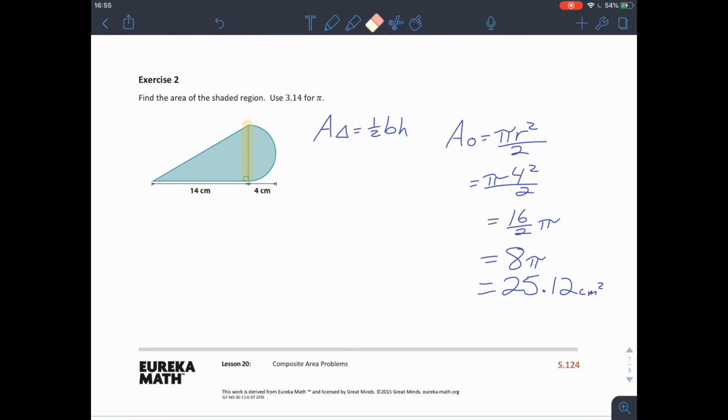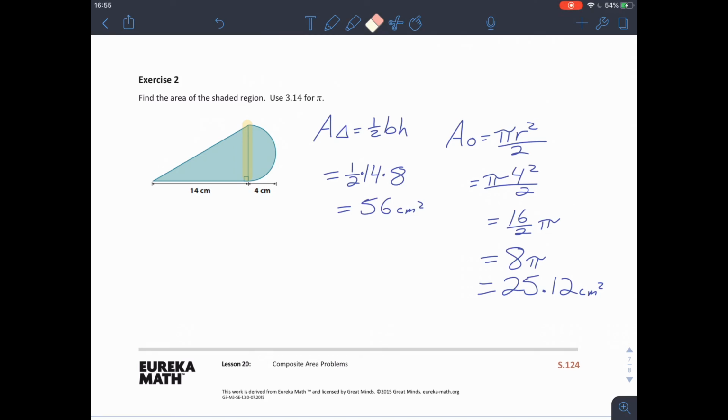Since we know that a diameter is twice the radius, that means that our height would have to be 8, twice the value of our radius of 4. So we have 1/2 times 14 times 8 to find the area of our triangle. When we calculate that in our calculator, we get 56 square centimeters.